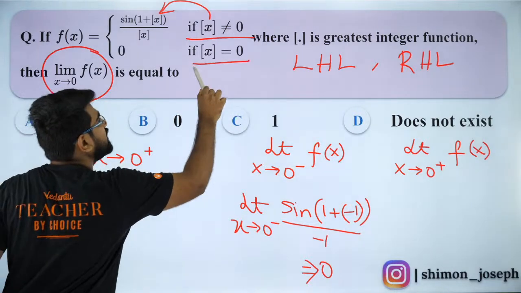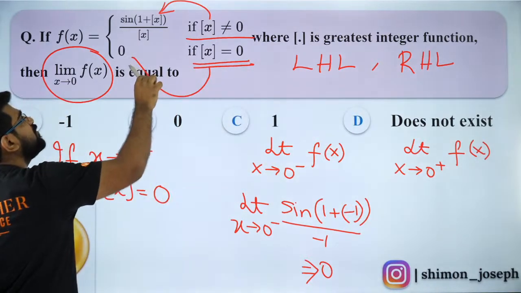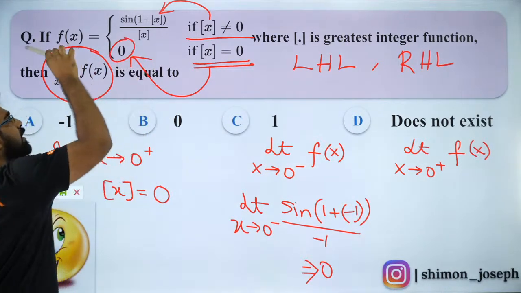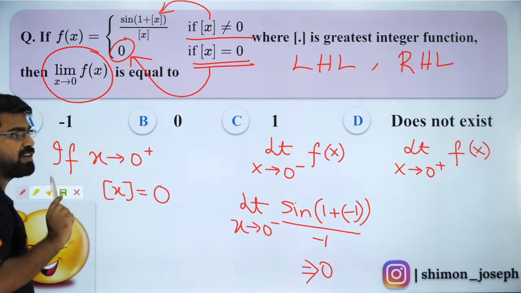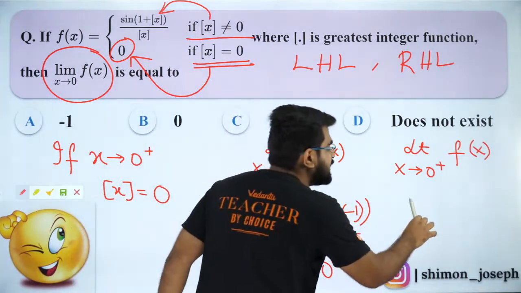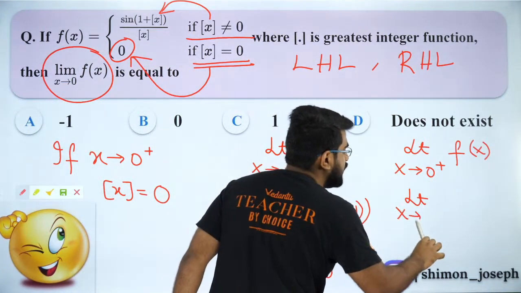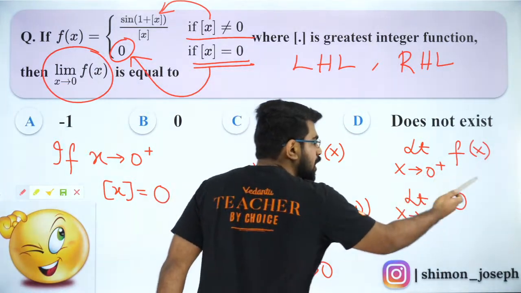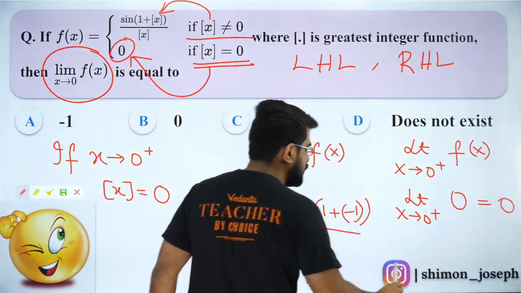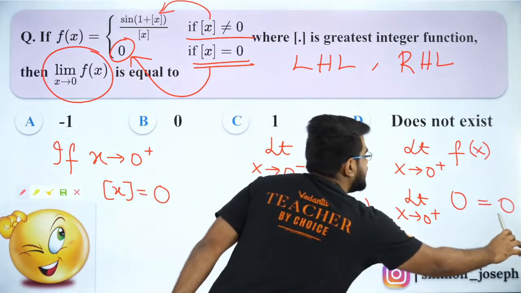So if box of x is 0, the function you have to consider is this one, not the first one. Understood? That is the mistake you have made. So whenever x is tending to 0 plus, the function I have to consider is 0. So limit of 0 is 0 only. So LHL is 0, RHL is 0.